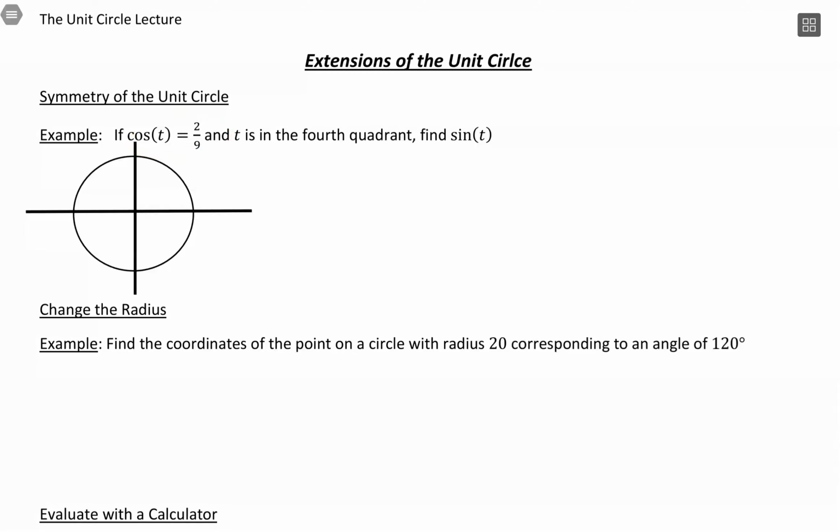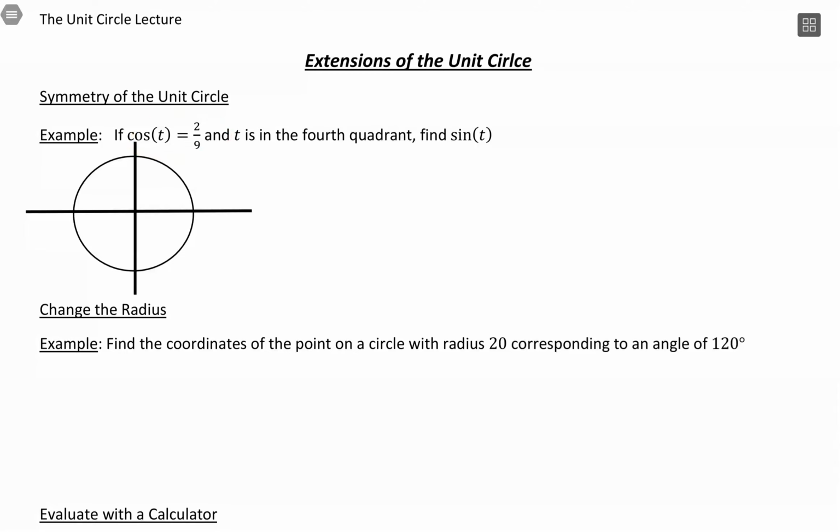So if that's our x-coordinate, there are these two locations on our unit circle. There's this location that's in our first quadrant, and then there's this location in the fourth quadrant. And that's what they're specifying here, is that since our angle t is in the fourth quadrant, this is the value we're looking at.